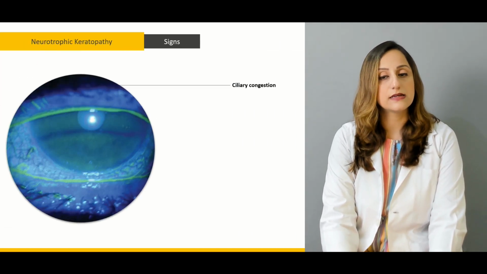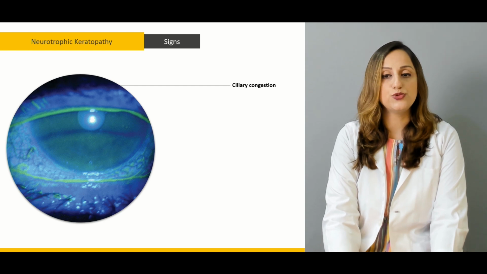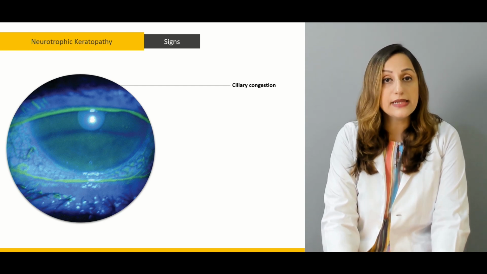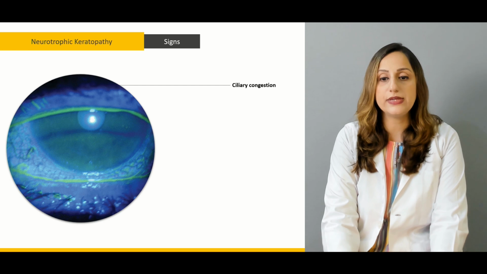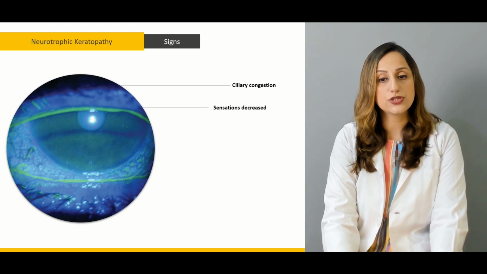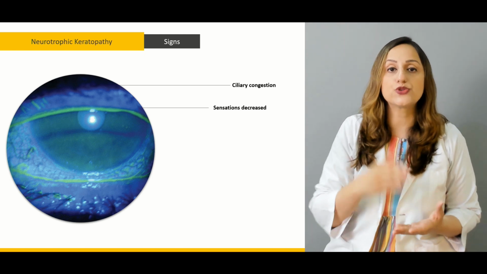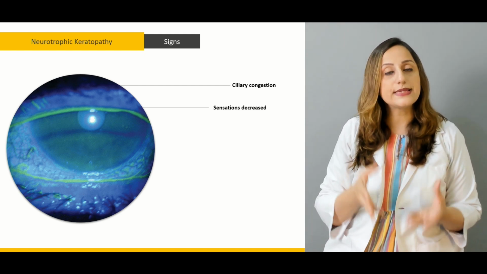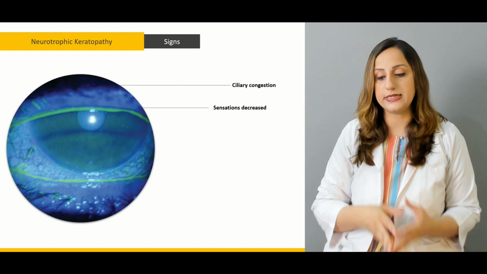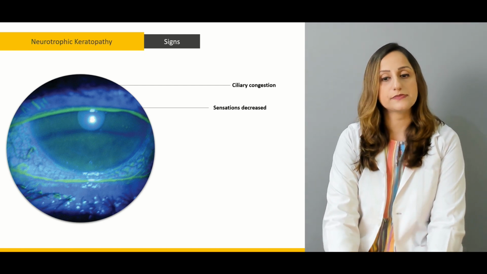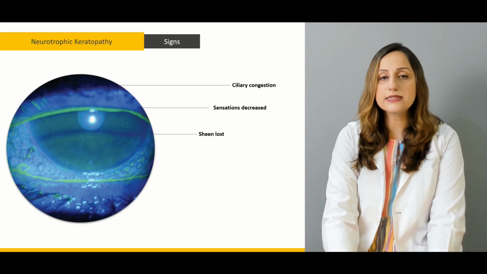Then the signs. When you're examining the patient, they will usually have a ciliary kind of congestion. The sensations are going to be decreased. As the word indicates, we are talking about neurotrophic keratopathy, so the sensations are obviously going to be decreased in these individuals. The sheen is lost.